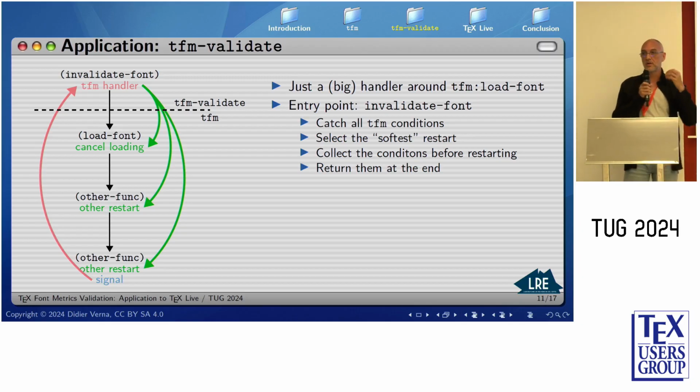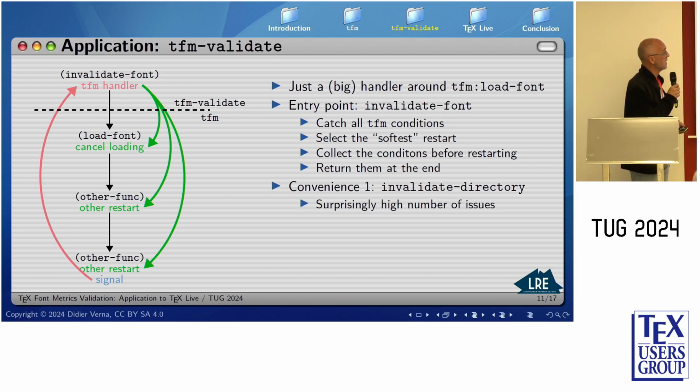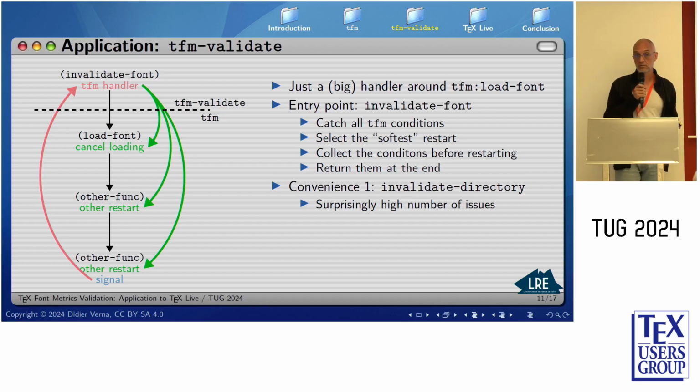The return value is the collection of all the conditions that were signaled, and then you're free to do whatever you want with that. Print them on a terminal, collect them into a list, or generate a website with that, for instance. Okay. If you add 10 more lines of code on top of this, you can easily validate a whole directory of fonts. It's simply a matter of calling the validation tool on every font in the directory and collecting all the conditions.